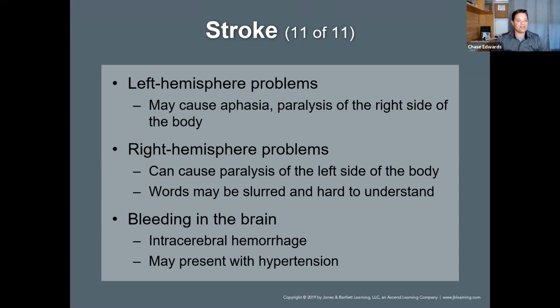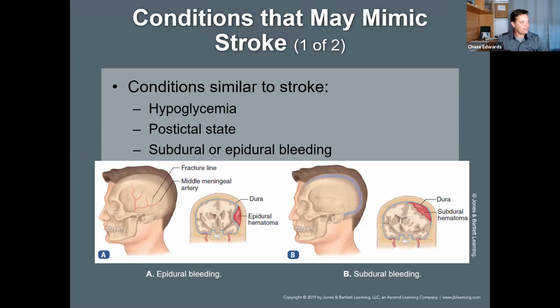All right, next page. All right, so conditions that may mimic stroke. Three conditions may present similarly to stroke. So, hypoglycemia, postictal state, and subdural or epidural bleeding. What's another condition that gets mistaken for stroke sometimes?